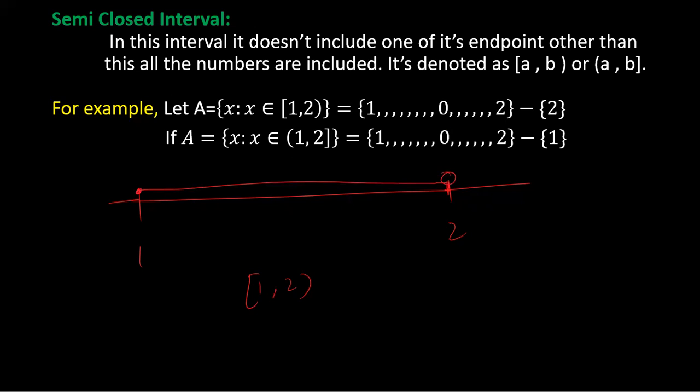This is nothing but x such that x is strictly less than 2 and greater than or equal to 1. That means 1 is included in the set but not 2, and between 1 and 2 all numbers are included.